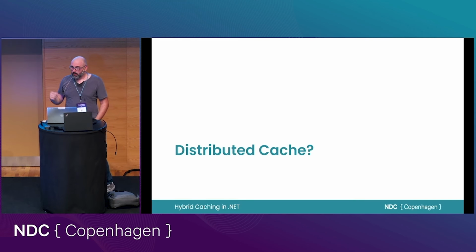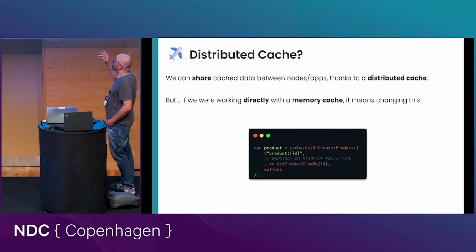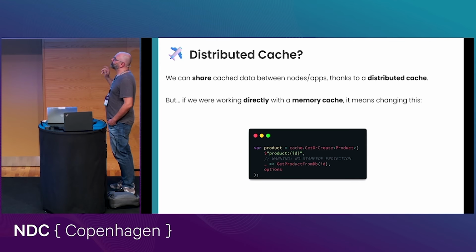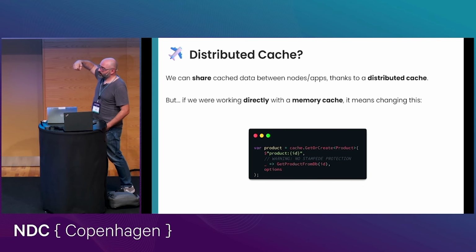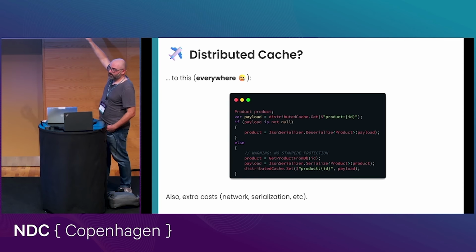So, distributed cache. This is the first thought that people have. Not so fast, no pun intended. We can share cache data between nodes and apps thanks to a distributed cache. This is true. But if you're working directly with a normal memory cache, what happens is that we need to go and change in our code all the places where we wrote these, and now we have to change it with these.